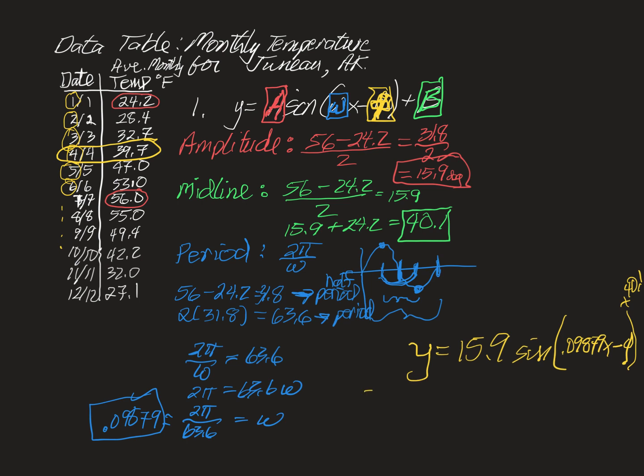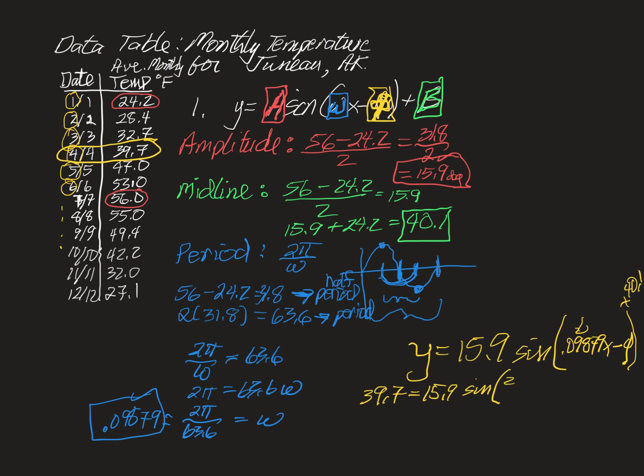So the y value is 39.7. And then we have 15.9 sine of, and instead of using the decimal here, I don't want to have round off error when I solve this.